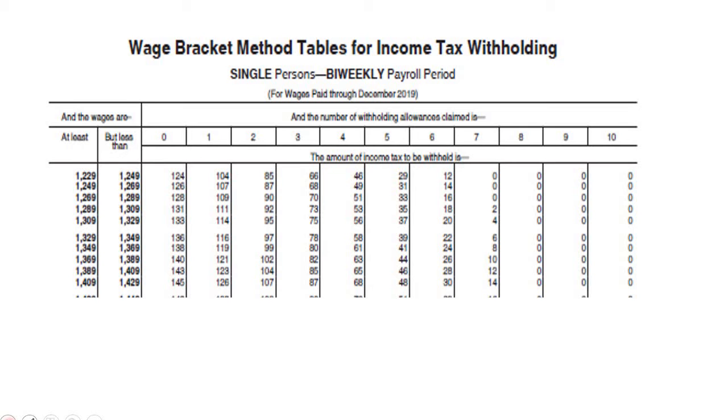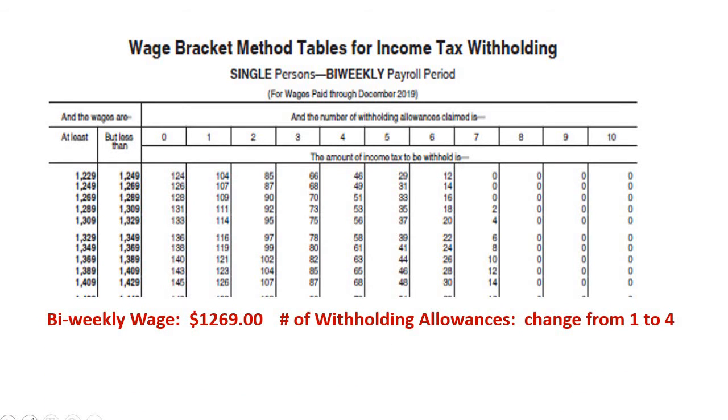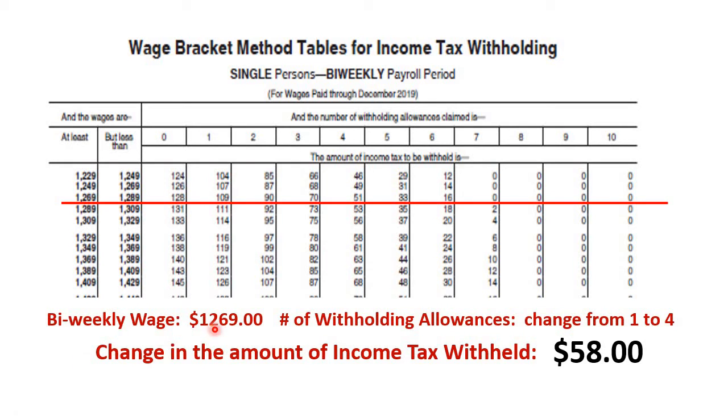Let's see what we can do again. The biweekly wage is $12.69, and we're changing now from 1 to 4 allowances. What is the change in the amount of income tax withheld on this check? 58 again? We better check that and make sure. There's my row, $12.69.